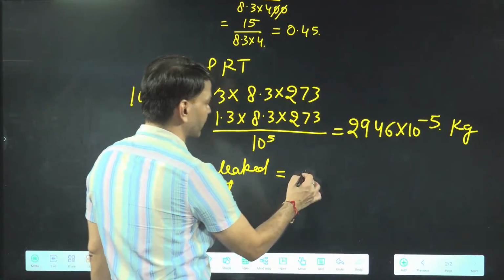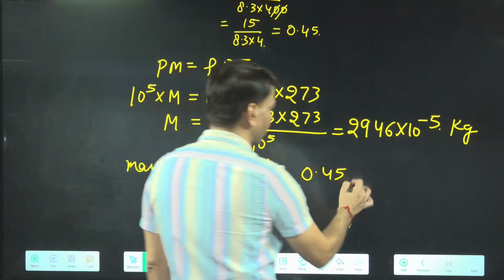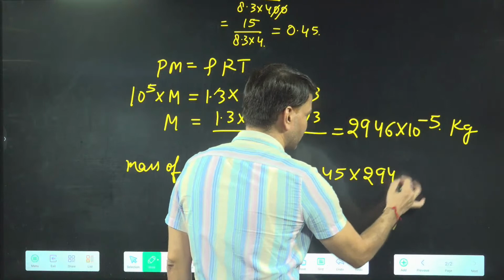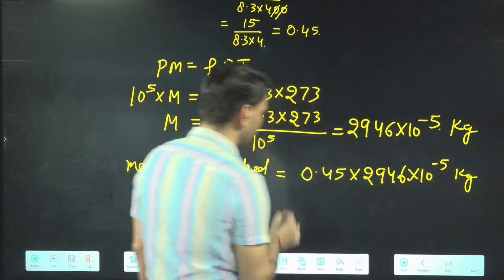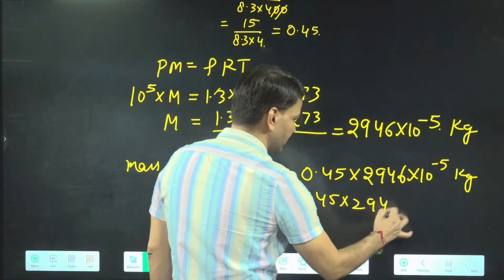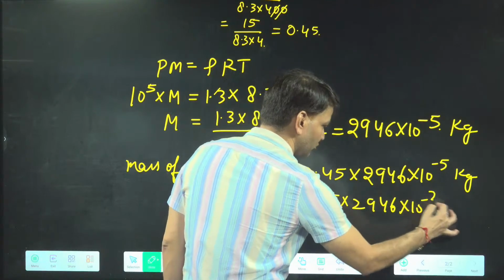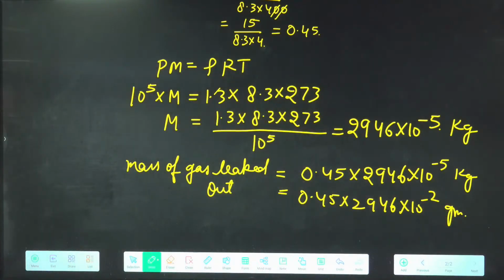Number of moles leaked out we got 0.45, or 0.4 you can take for calculation, and 2946 into 10 to the power minus 5. That you will get in kg, or you will get 0.45 into 2946 into 10 to the power minus 2 gram. So what is the answer you will get? Around 32 you will get.